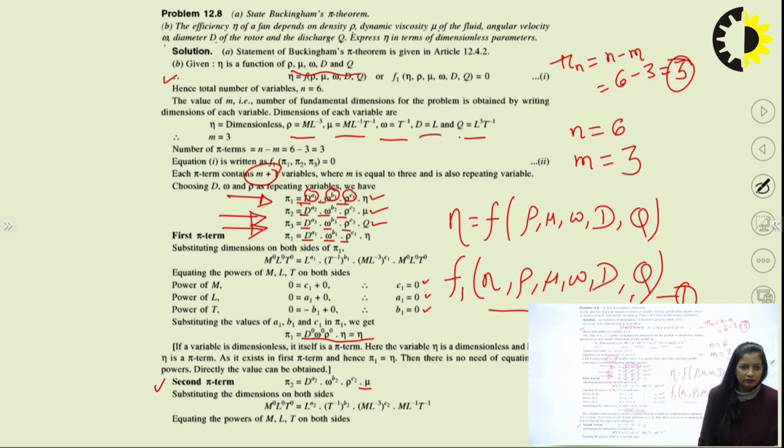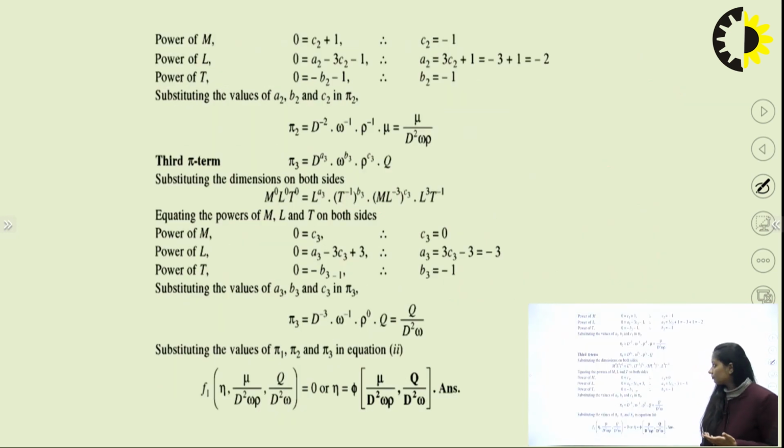And you need to equate all the powers. Here you can see, when you are equating the powers of M, L, T, what are you going to get? C2 is minus 1. Write the equation for a2, that will be equal to 3c2 plus 1. Here c2 you can take from equation 1, that is equal to minus 1, and you can solve for a2 as minus 2.